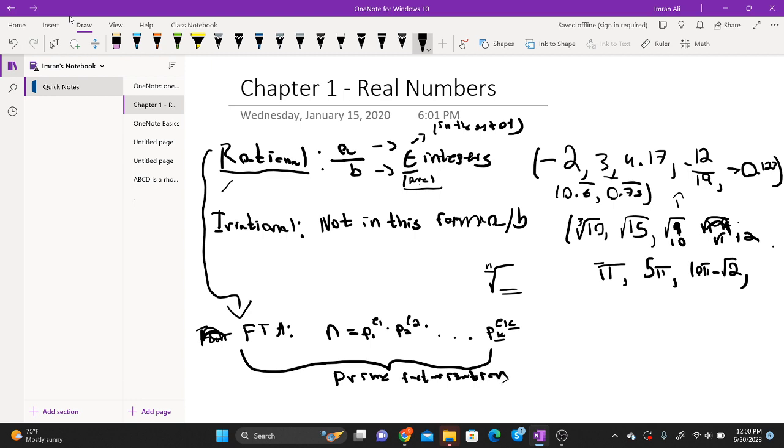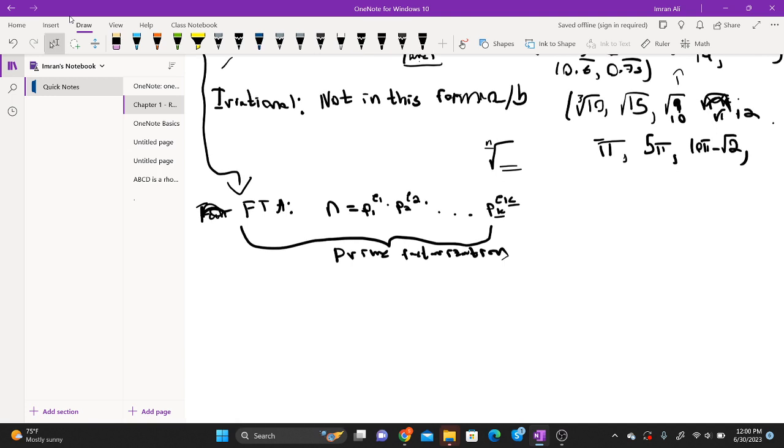When we break down an integer into a product of primes, that is prime factorization, which is what we have over here. An example of this would be, if I take 27, 27 is 9 times 3. 3 is prime, right?